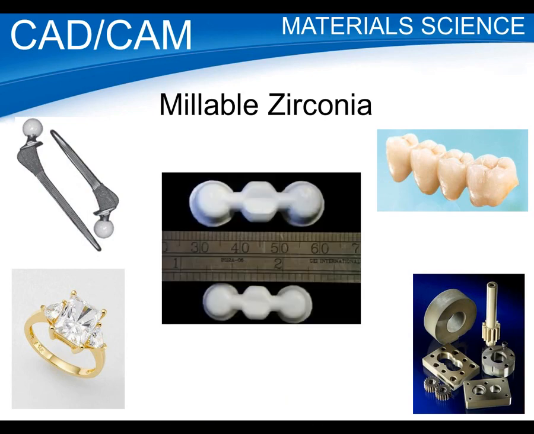But the other is, in its green state, or what we call pre-sintered state, it's also hard to work with because of the shrinkage. And if you look, you see this is the green or pre-sintered state, and this is after firing. Significant shrinkage, depending on the density, 22 to 25% shrinkage.